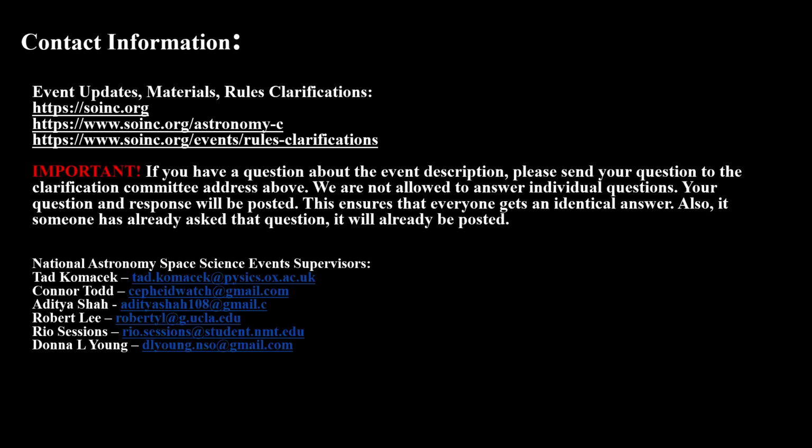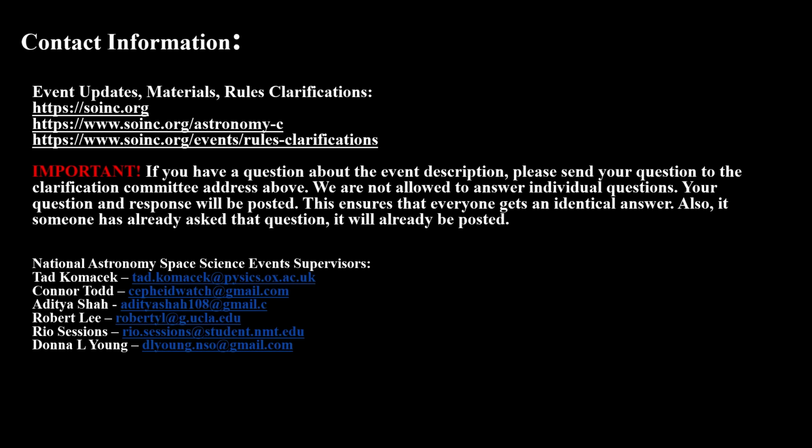The contact information for event updates, materials, and rules clarifications: for Science Olympiad itself, there's the soinc.org Astronomy C page. That's where the astronomy resources are posted, and the rules clarification website is there to answer questions. If you have any question about the event description or the rules, send your question to the clarification committee.